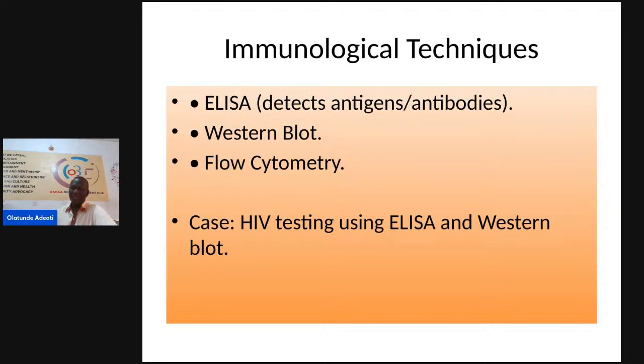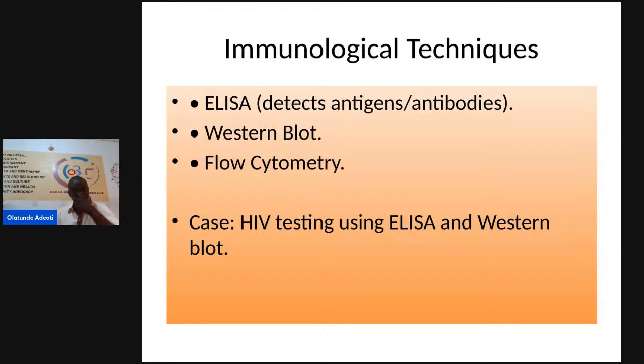Okay, and some of the laboratory immunological techniques that we would normally use in diagnosis. Number one, ELISA, that is enzyme linked immunosorbent assay. We will see all this as we go on; it operates on detection of antigen against the antibody. Then Western blots, flow cytometry, all this.